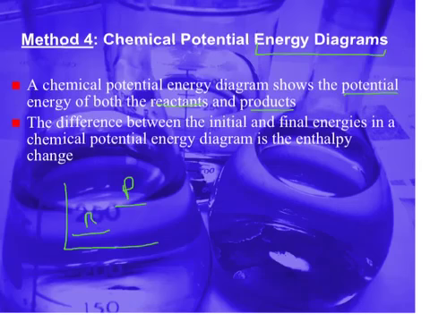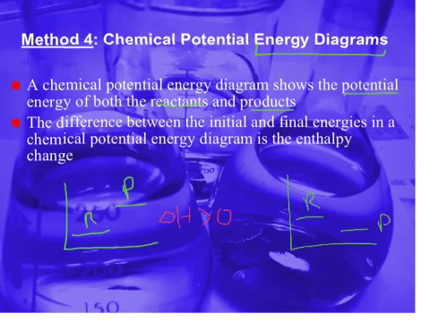Here the potential energy of the products is higher than the reactants. The enthalpy of reaction would be positive, greater than 0. Conversely, if the reactants had more energy than the products, it would be an exothermic reaction, so the delta H would be negative.